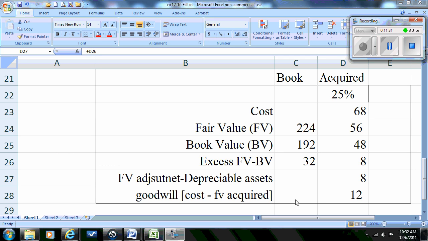We determined that the total fair value adjustment that needs to be made is $8 million. These assets have an 8-year useful life, so we're going to amortize the $8 million over 8 years, or $1 million per year. This is always done on the straight line basis.